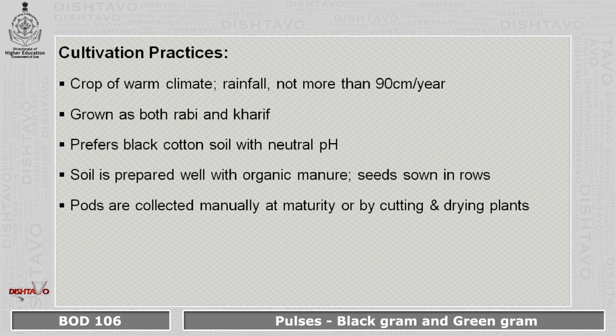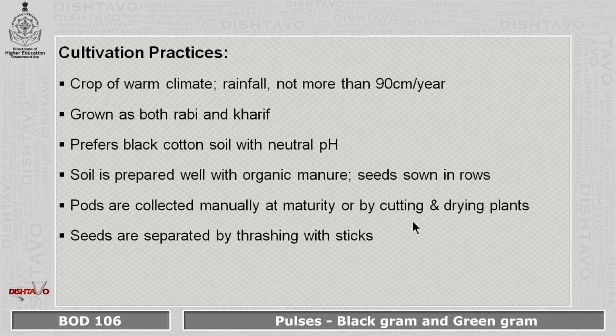Then you can get the seeds by separating by thrashing with a stick also. When you put them in a hot sun, the pods will be opening naturally, but if some remain, then you can thrash them using a stick and collect the seeds.